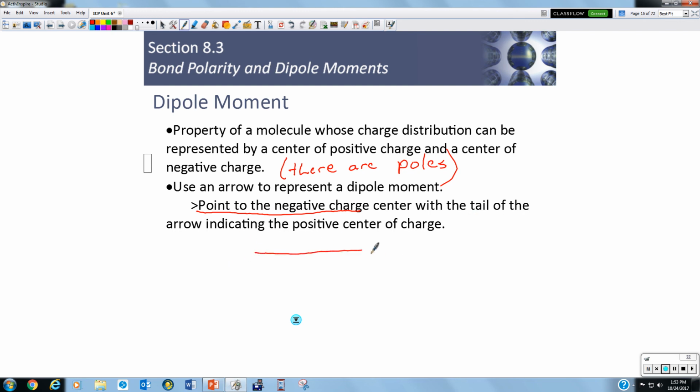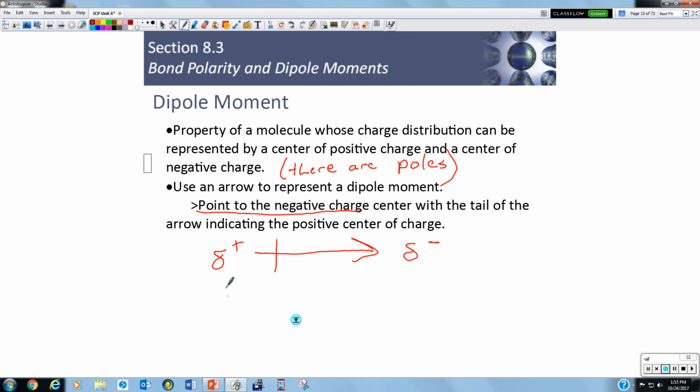So again, a dipole moment is an arrow that looks like this. We're always going to show partial negative and a partial positive. I'm not so much worried about you including the number of charge or the intensity of the charge. I'm just wanting you to show positive and negative side.